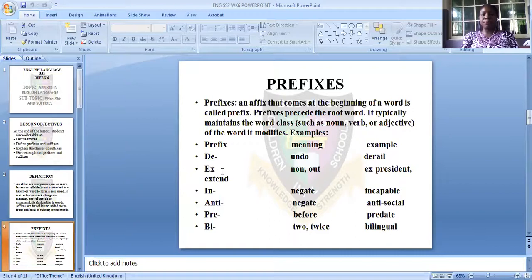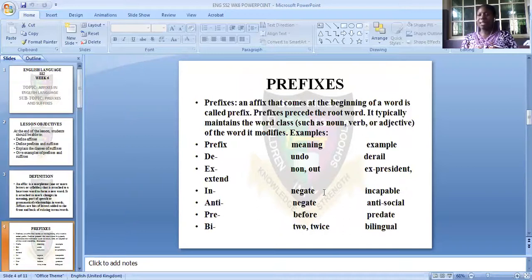Another example, EX. EX means out. Now, when we add EX to the root word precedent, we have exprecedent. IN means to negate. For example, incapable. The root word here is capable.